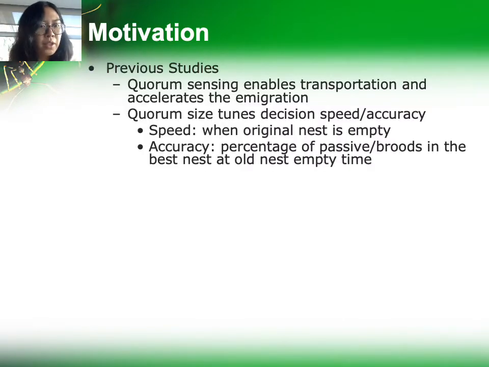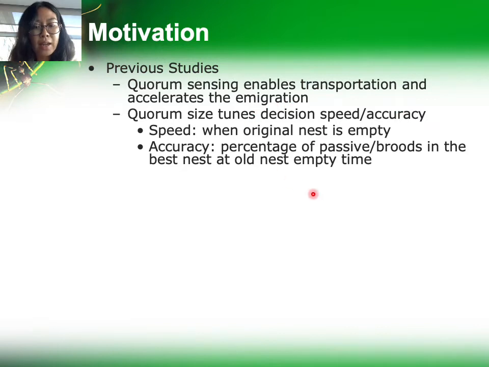And for the motivation of this work, first I'll review some previous studies. It's been established that quorum sensing enables transportation and accelerates the emigration, as I just talked about. And quorum size, the key parameter in this quorum sensing mechanism, is believed to tune decision speed and accuracy.